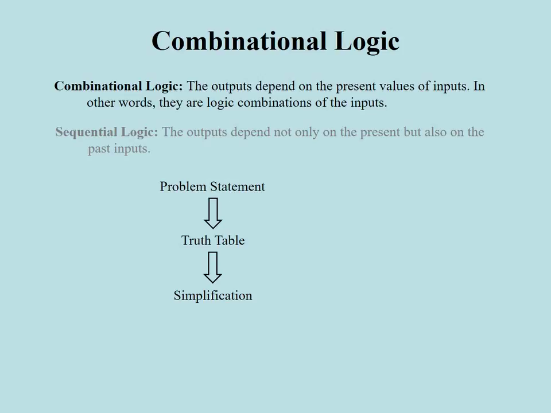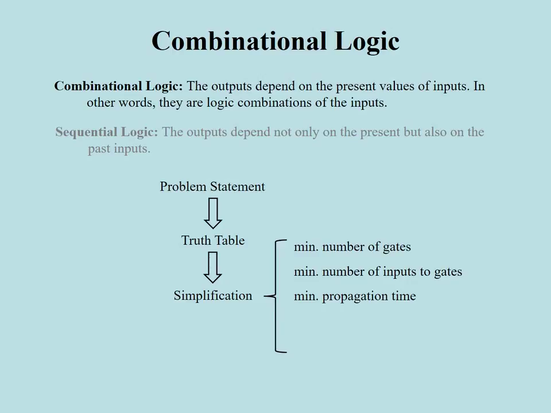In fact, one can consider various criteria for such a simplification. For example, one may aim at designing a circuit with minimum number of gates, minimum number of inputs to the gates, minimum propagation time from the inputs to the outputs, or minimum number of interconnections between the gates.